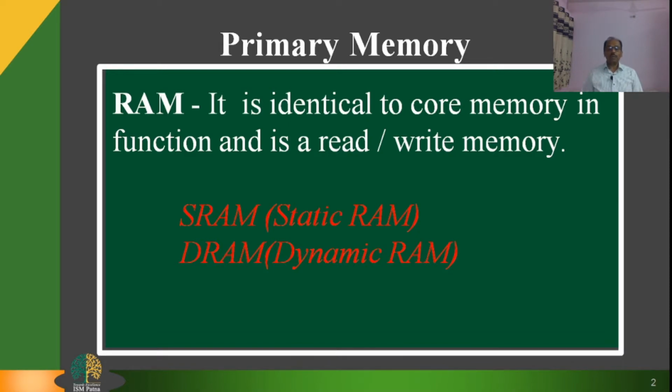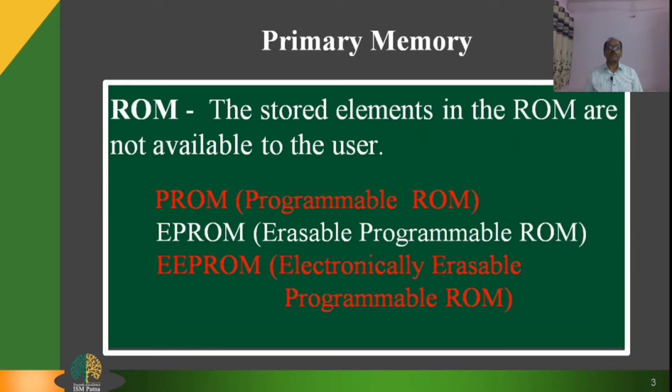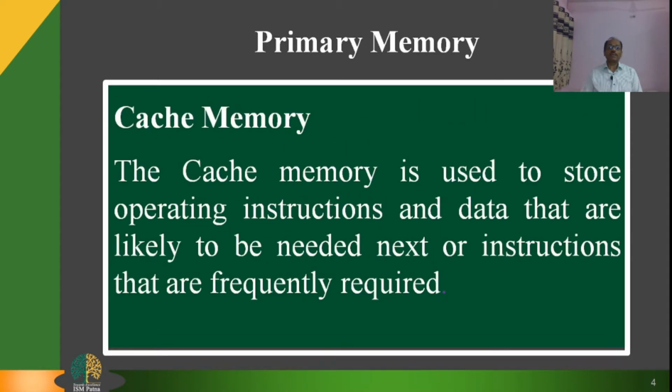The other part of primary memory is cache memory. Some computers contain memory chips which are faster than main memory. The cache memory is used to store operating instructions and data that are likely to be needed next and are frequently required.